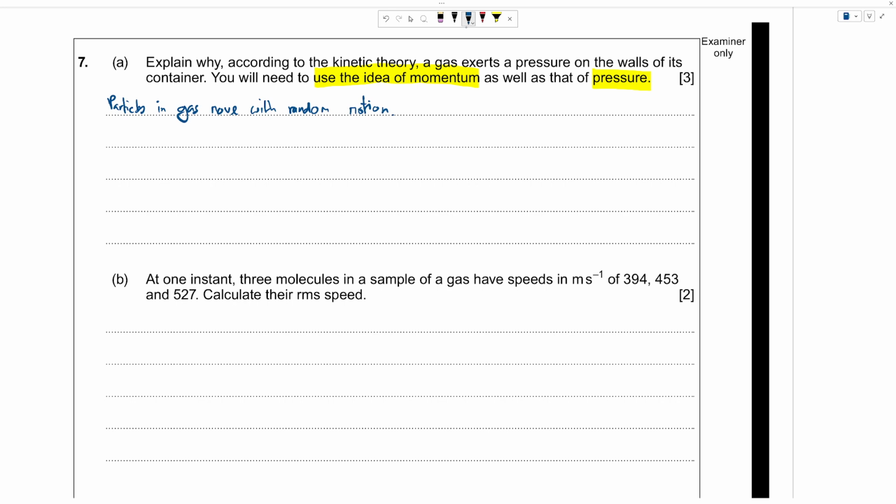What happens then to exert a pressure? Well, the important bit here, and I'm sure this would be one of the 3 points I need to make, the particles collide with the walls. Those are elastic collisions, remember? And therefore they rebound.